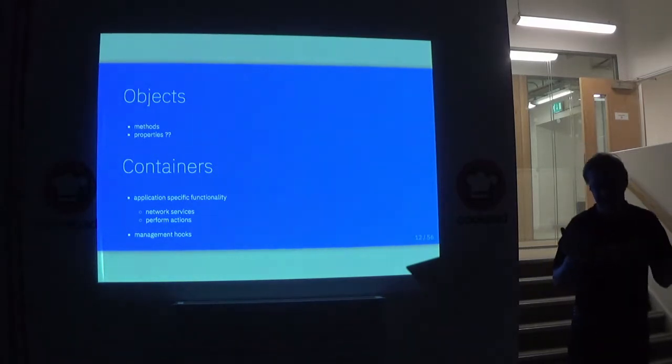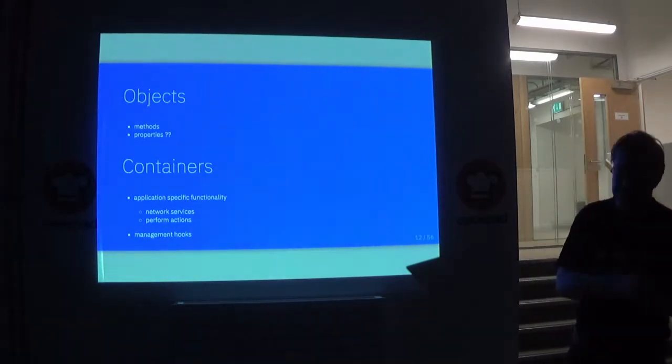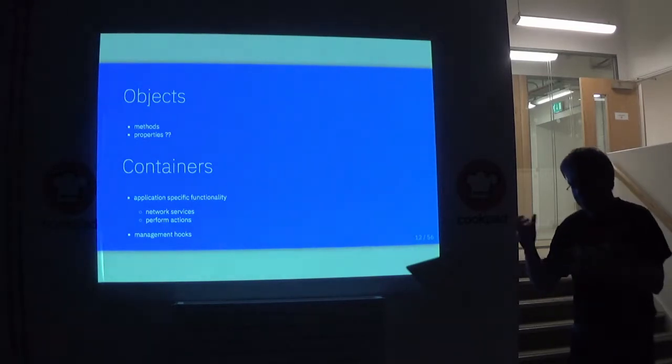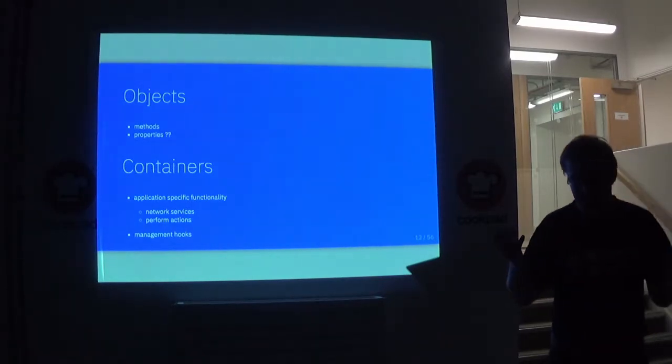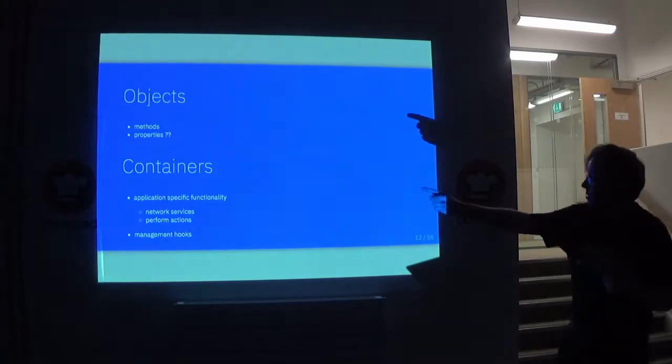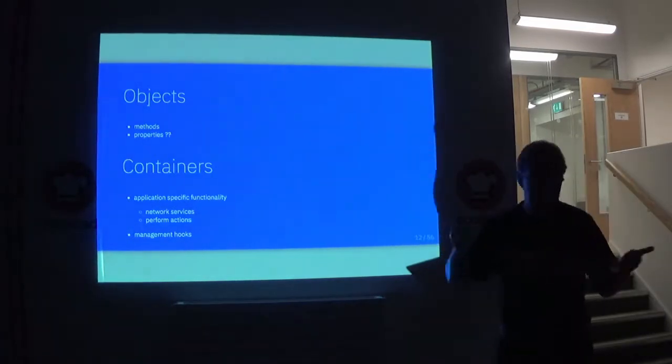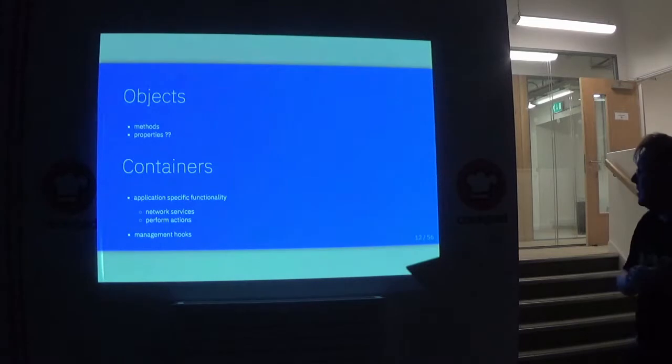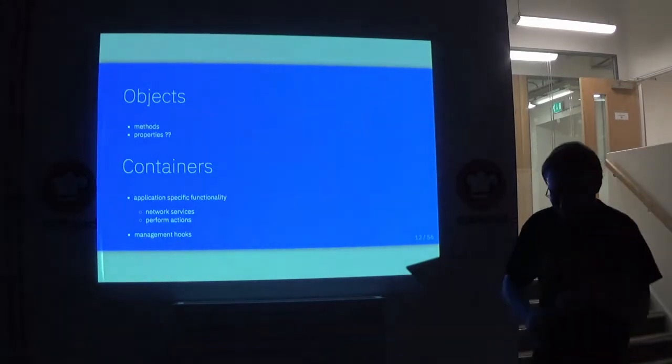So containers provide a boundary, a bit like objects in object-oriented programming provide a boundary. When you've got an object, you get to interact with methods and maybe properties if you're not using Ruby, but you should just interact with methods.